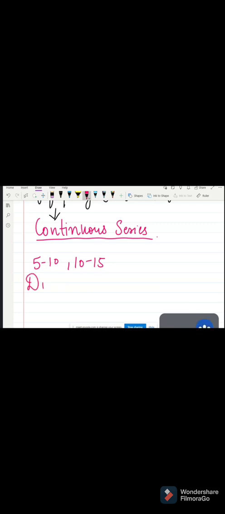First one is direct method. Second one is shortcut method, or you can also say assumed mean method.